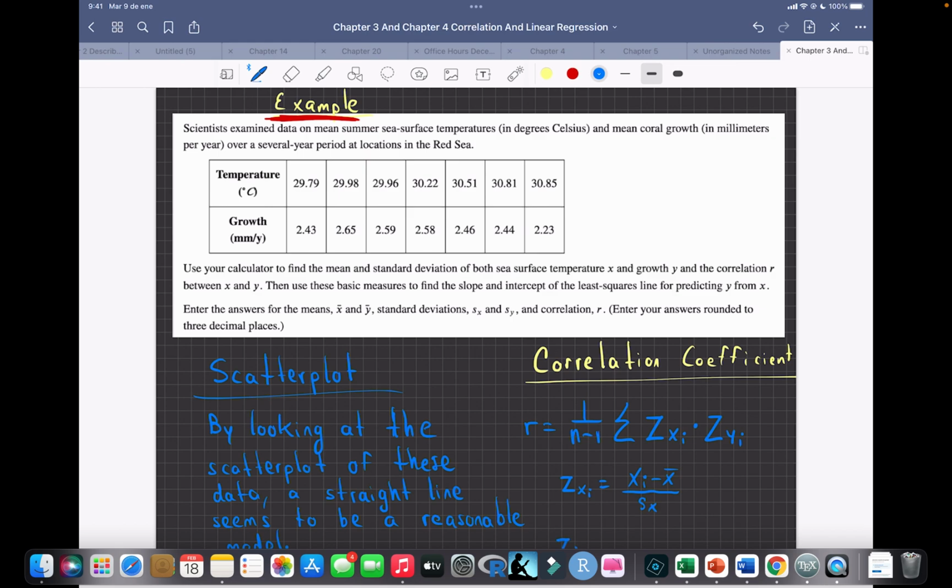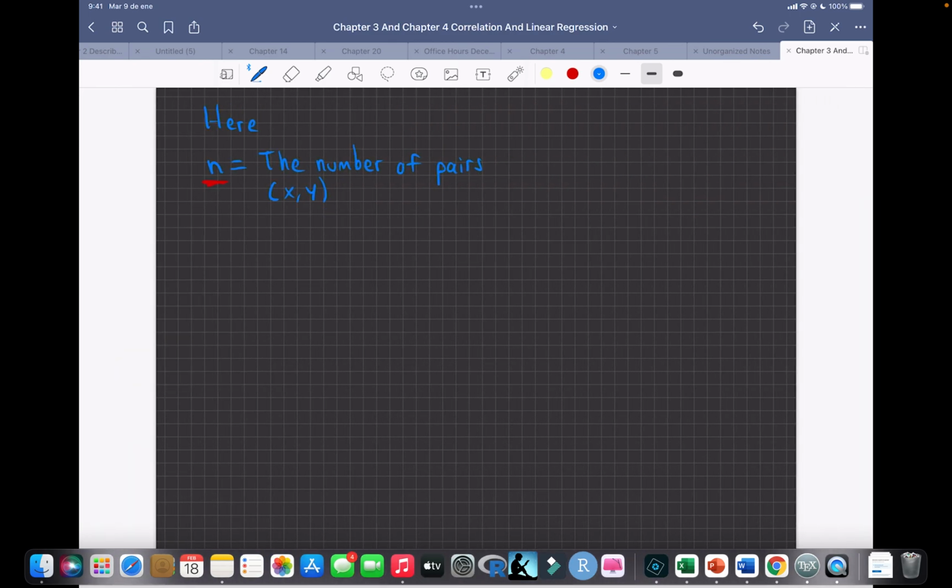And Cyi is the same: each Y value minus the mean divided by the standard deviation of Y. So X bar is the mean of X values, Y bar is the mean of Y values. Sx is the standard deviation. Do you remember that?